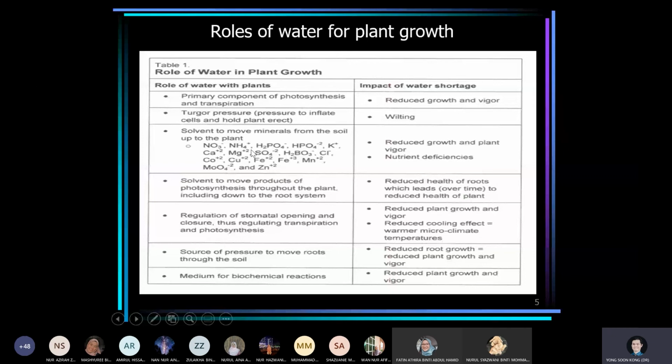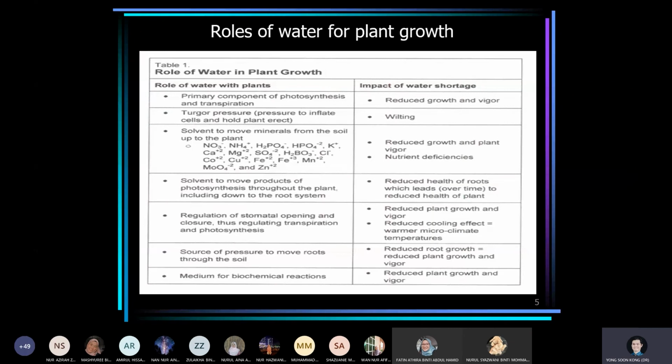So whatever the types of these nutrients, if they're polar, they should be able to dissolve in water. And this is important because only when they are dissolved is it possible for plants to absorb them. Plants absorb these nutrients when they dissolve in water.